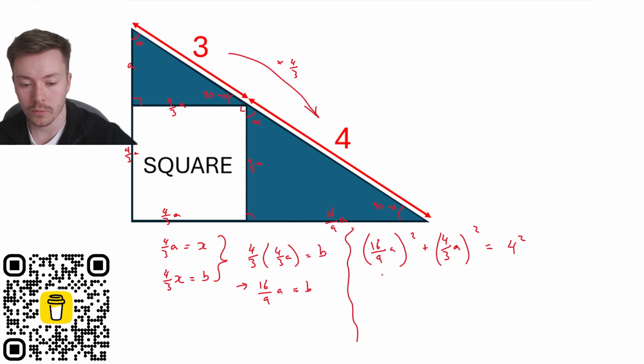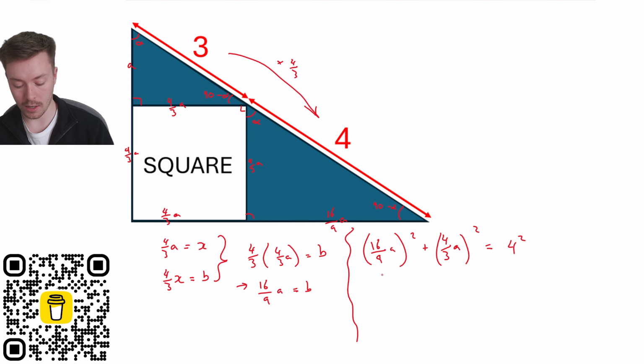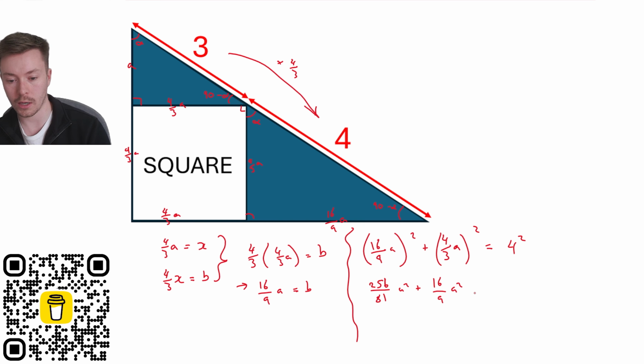Okay, so we need to work that out, and 16 over 9 squared gives me 256 over 81 a squared plus 16 over 9 a squared is equal to 16.